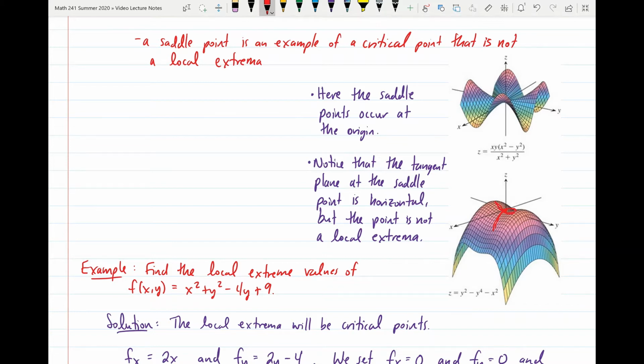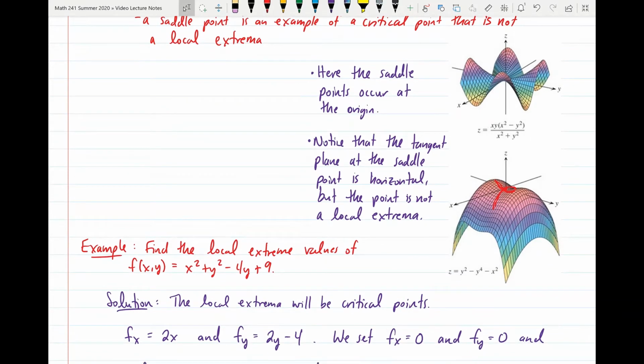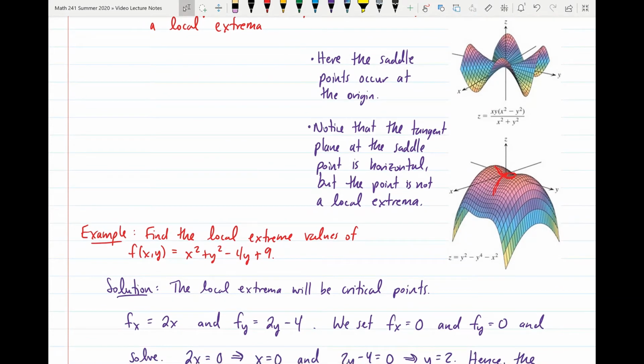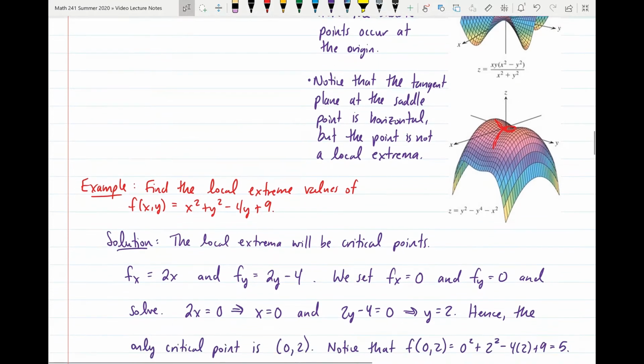And because of that, no matter how small of a disk we draw around that saddle point, we're always going to have some points that have a bigger value of f and some points that have a smaller value of f. And for that reason, the saddle point is not going to be any kind of relative extrema.